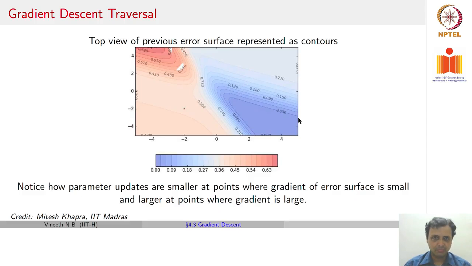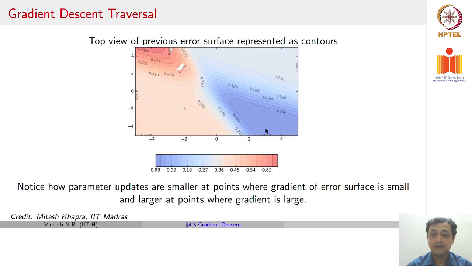Now let's see the same example that we saw on the earlier slide as a contour plot. If you see the contour plot now, you would notice that the parameter updates, which are given here, are smaller at points where the gradient of the error surface is small.